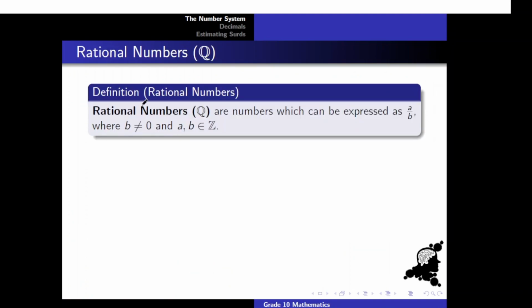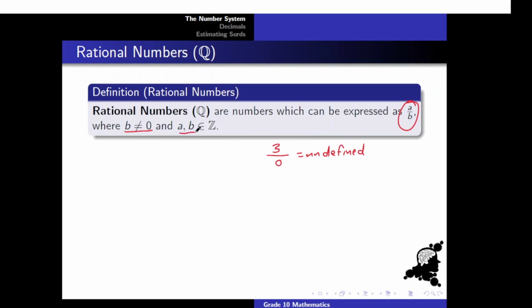We have rational numbers. A rational number is a number which can be expressed as a fraction, a over b, where b cannot be equal to 0. Why? We have learned that any number divided by 0 gives you undefined, so the denominator of this fraction cannot be 0.